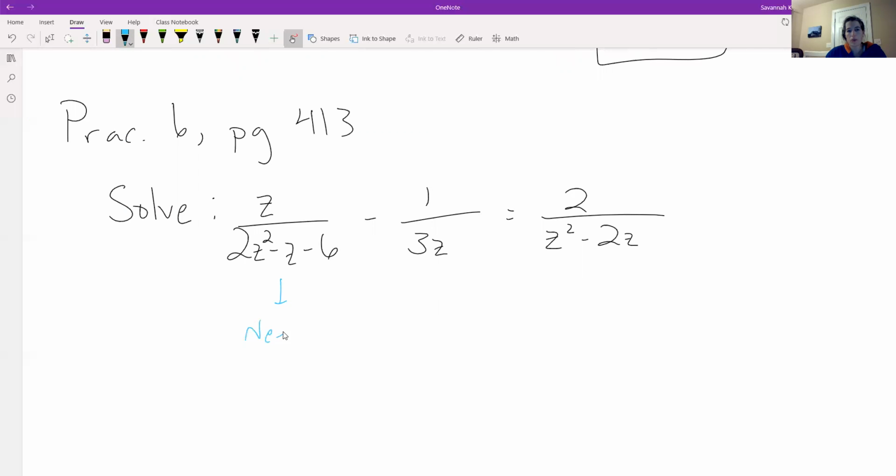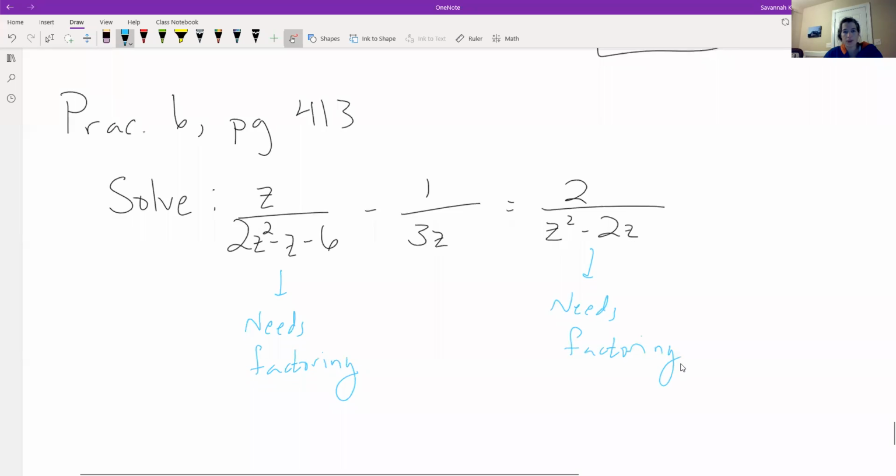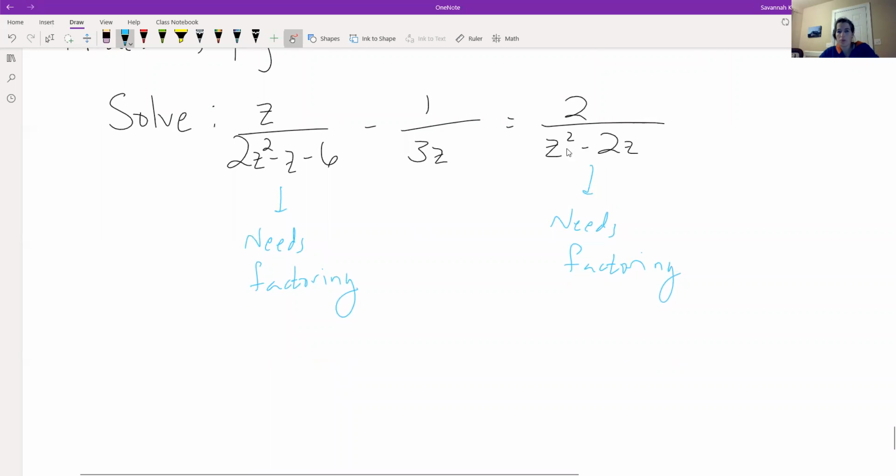Before we can think about trying to figure out what our extraneous solutions would be, we have got two things that need factoring. Unfortunate as that seems. Now, the one that I just wrote needs factoring underneath the right-hand fraction.